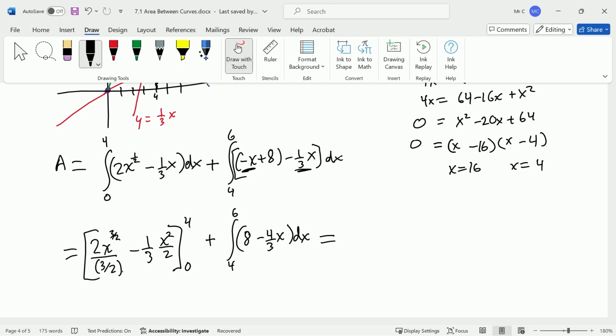Now I'll simplify this first expression a bit. 2 divided by 3/2 is 4/3. I got to multiply by the reciprocal there. So that's 4/3 x to the 3/2 power.